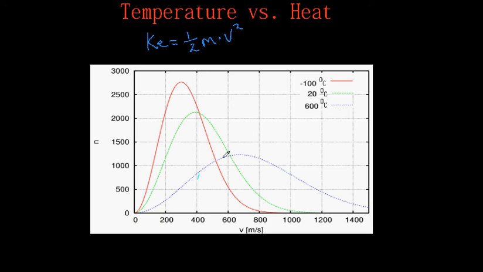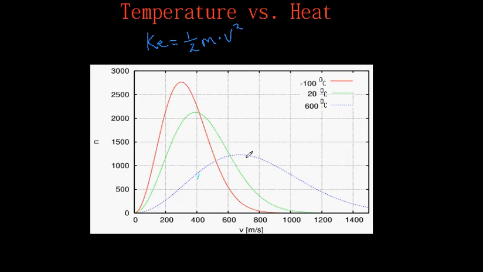And then when we heat it up to 600 degrees Celsius, sorry, that'd be 873 Kelvin, we can see that the average in here is around 700 meters per second, but still some are moving much faster than 1400 meters per second, and some are moving very slow, under 100 meters per second.